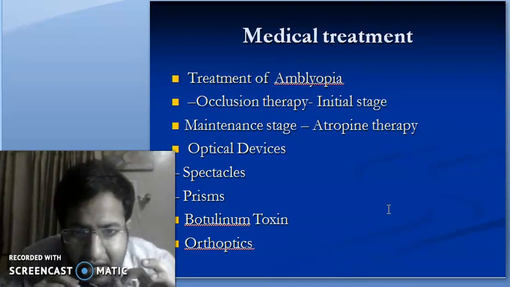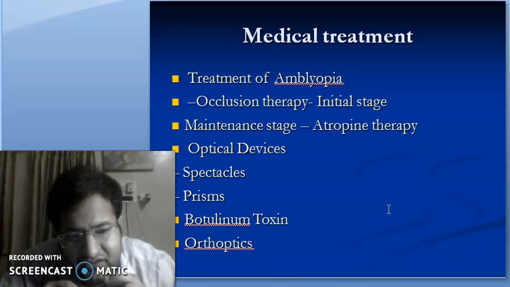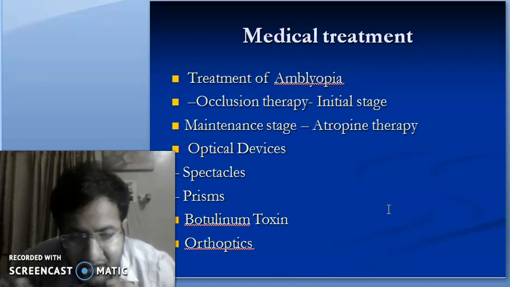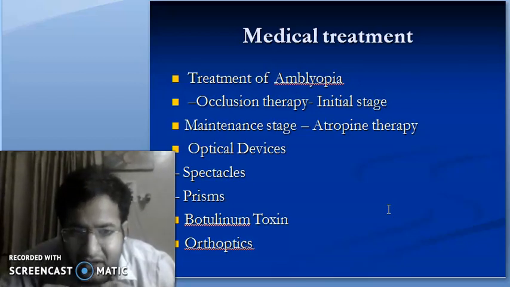We have to treat amblyopia either by penalization or by occlusion therapy. Occlusion therapy is done in the initial stages, and when the eye starts to reverse amblyopia, we have to maintain that stage by using the atropine therapy, by penalizing the other fixating eye, the preferred eye, with the atropine therapy.